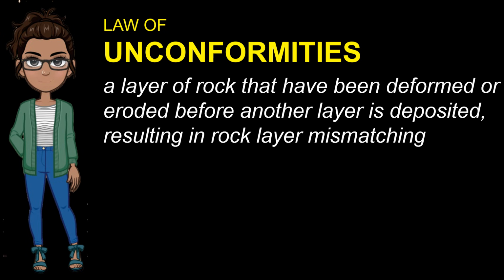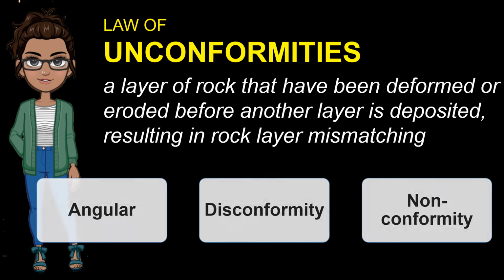It describes a layer of rock that has been deformed or eroded before another layer is deposited, resulting in rock layer mismatching. There are three main types of unconformities: angular unconformities, disconformities, and nonconformities.